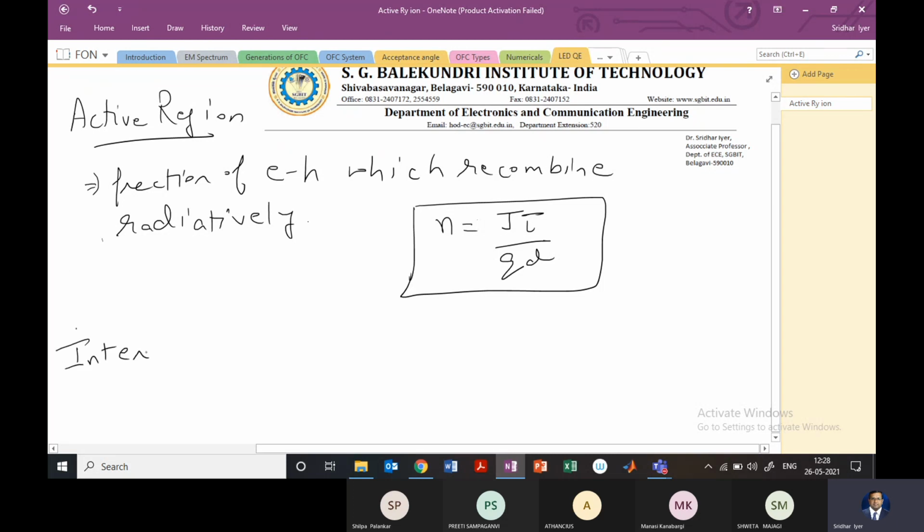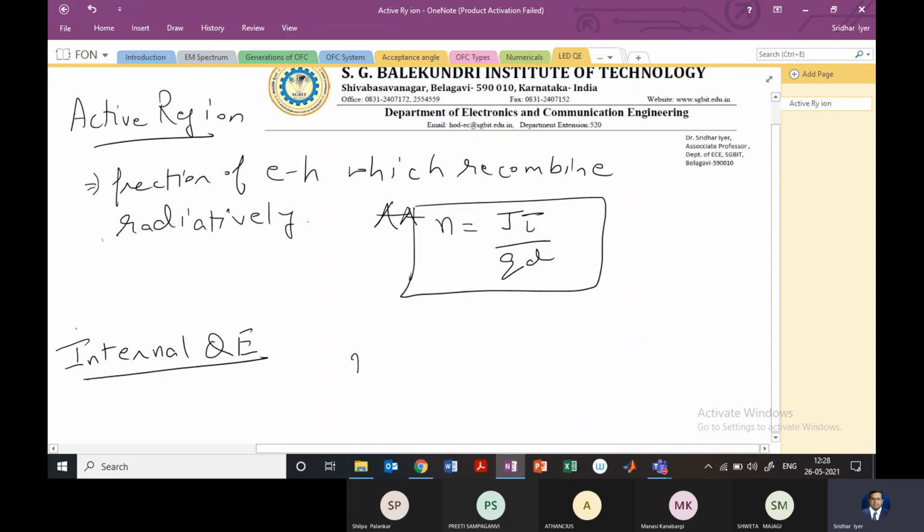We are going to make use of that result which is present in the bracket. So internal quantum efficiency, I'll write in short QE, right? The definition, I'll spell that again, and then we'll write that mathematically. It is nothing but the fraction of electron hole pairs that recombine radiatively.